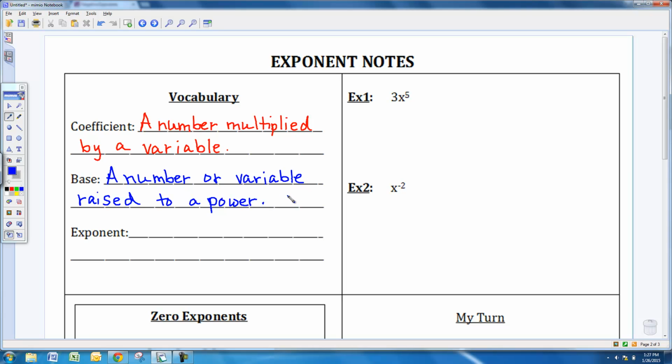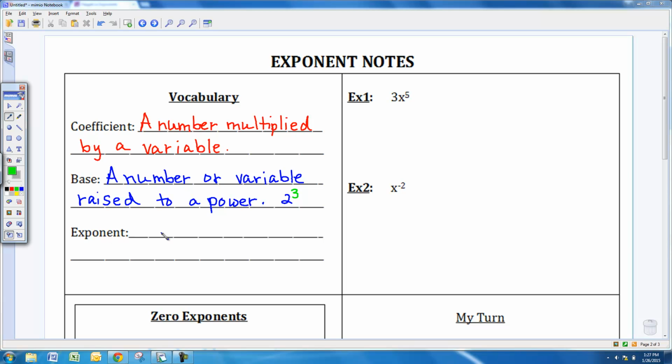For example, in 2 to the third power, 2 is my base. This expression tells me that the 2 is multiplied times itself 3 times.